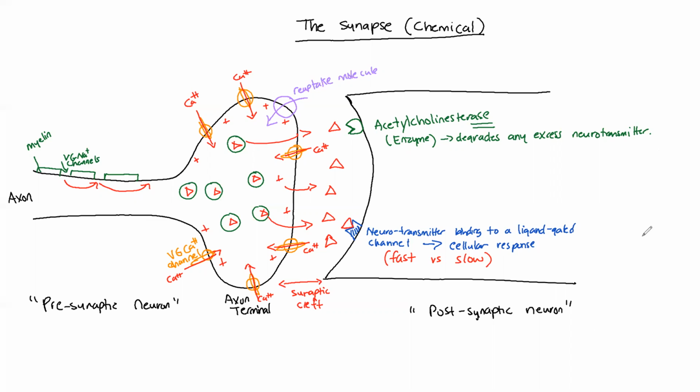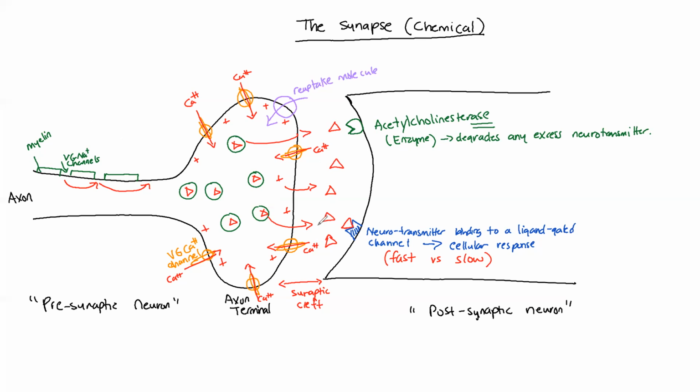All right, you should be comfortable with the action potential, traveling down the axon, opening up the voltage-gated calcium channels at the axon terminal. Calcium rushes into the membrane. That triggers the exocytosis. In other words, the dumping of these vesicles, of the neurotransmitter that's stored in these vesicles into the synaptic cleft.